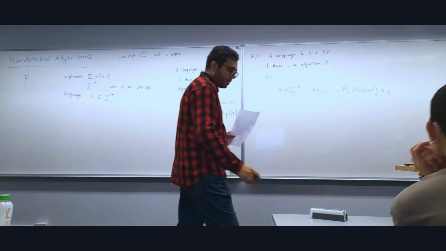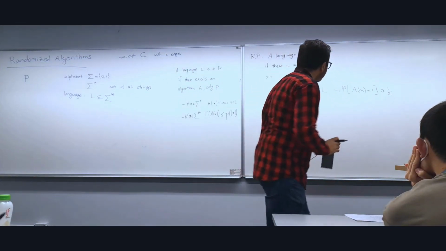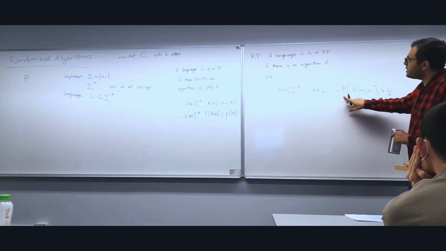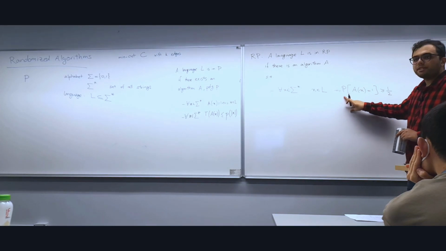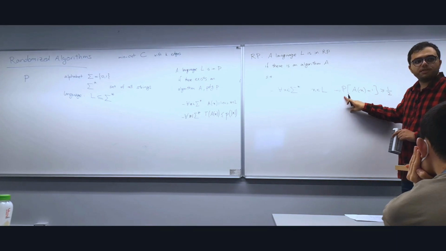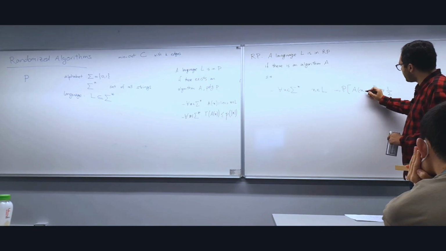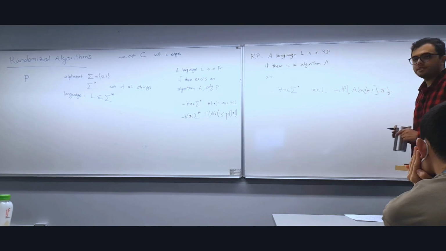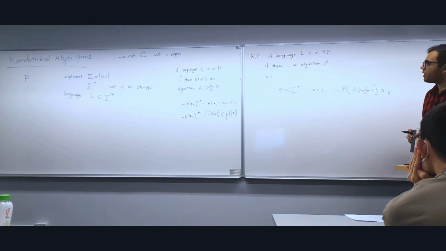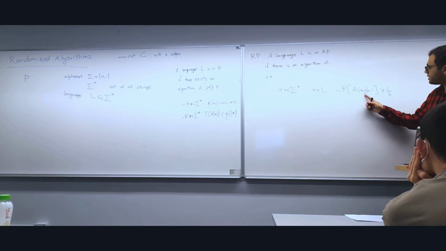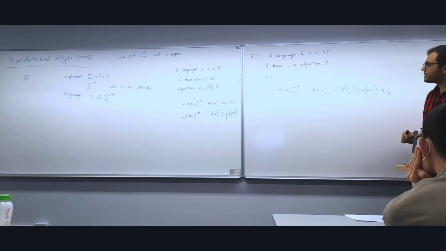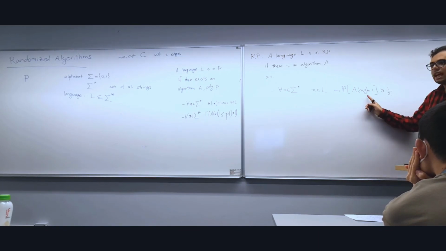Now, but the probability doesn't make sense, right? So for the probability to make sense, I should go back to that idea of having 2 inputs. So instead of just having an input X, I also have an input Y, and Y is the sequence of my random bits. But I want to only have polynomially many random bits.